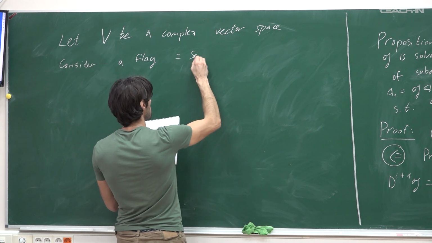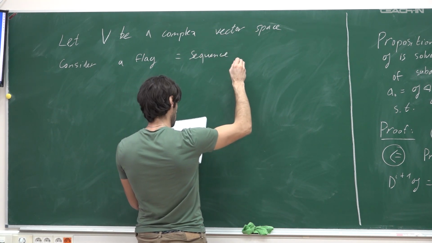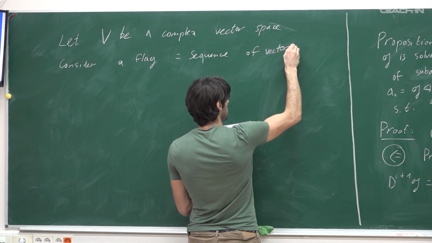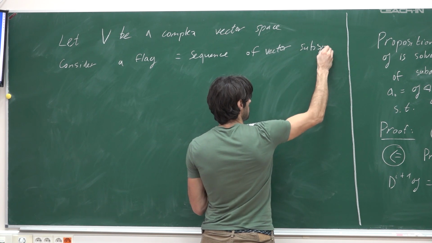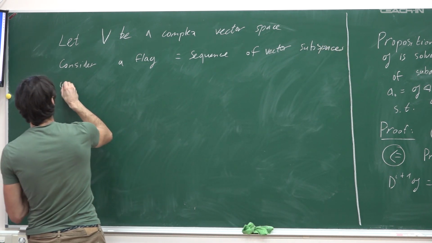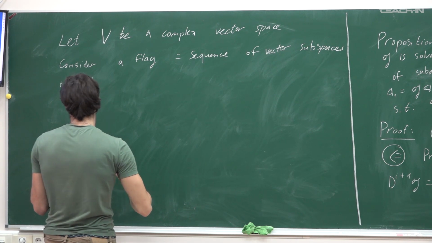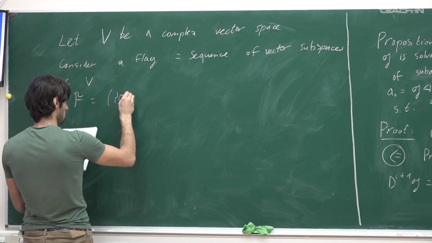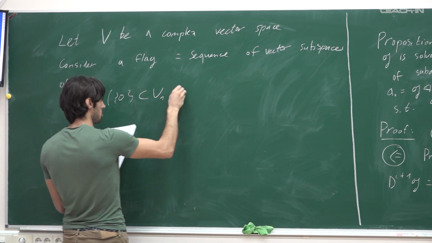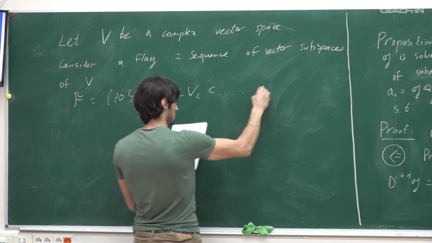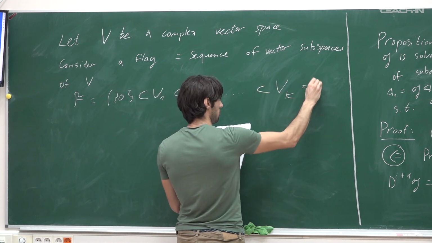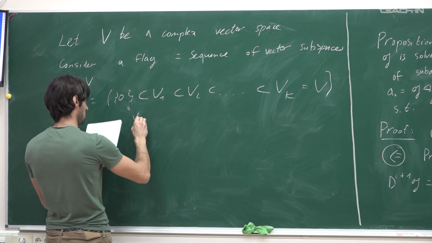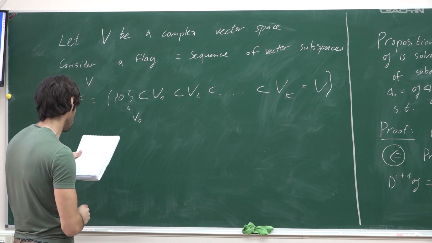It's a sequence of vector subspaces of V. So a flag is the following data: you have a sequence of subspaces, and V_k is V, and let's call this one V_0.